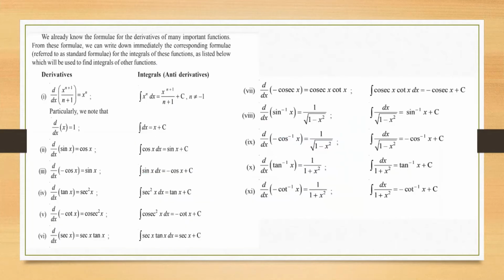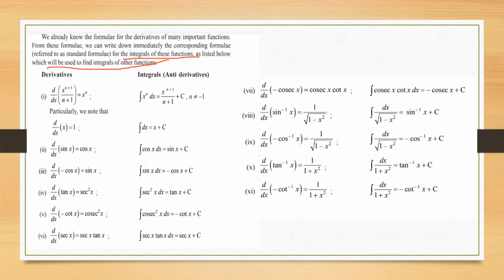Now let us start with a few already known formulae for the derivatives of many important functions. From these formulae we can write down immediately the corresponding formulae for the integrals of these functions. So let us see how derivatives and their integrals or antiderivatives are connected, that is, how they are inverse processes of each other.